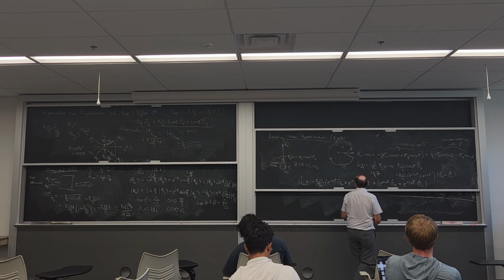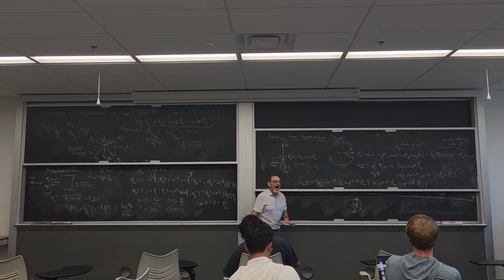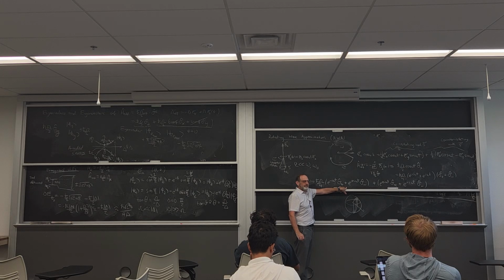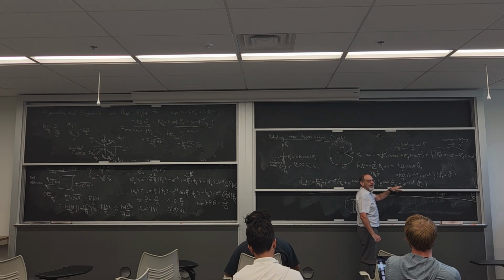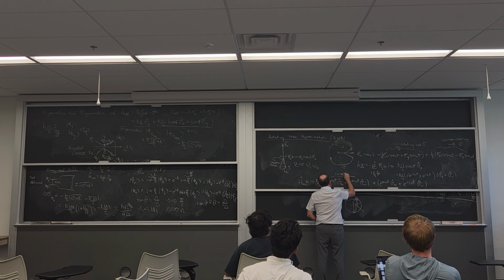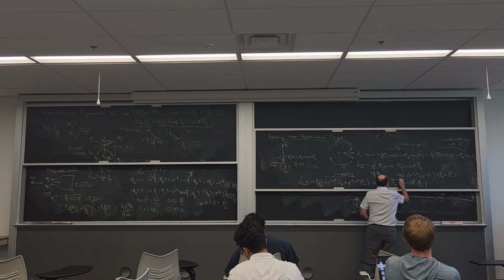I have 4 terms. When we had the rotating magnetic field, we had only this. When we have both, this is the co-rotating effect, and this is the counter-rotating.